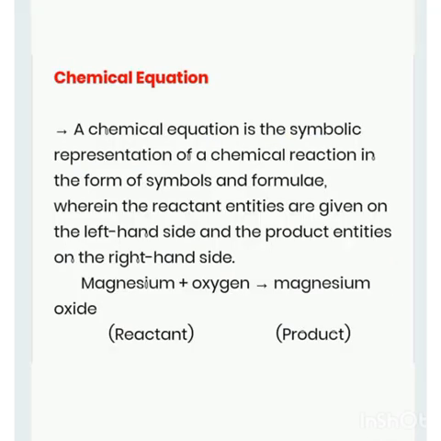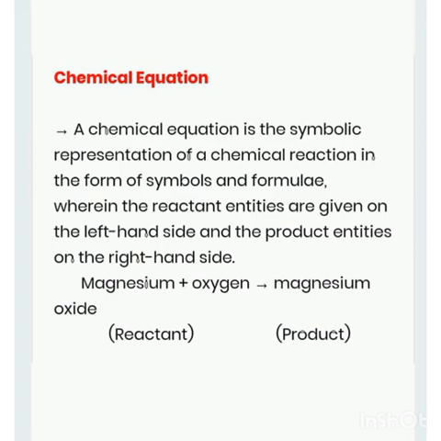Let us start. First, what is a chemical equation? A chemical equation is the symbolic representation of a chemical reaction in the form of symbols and formulas, wherein the reactant entities are given on the left hand side and the product entities are given on the right hand side.